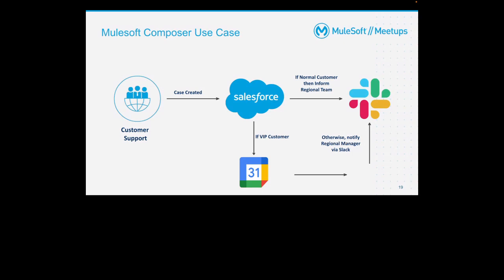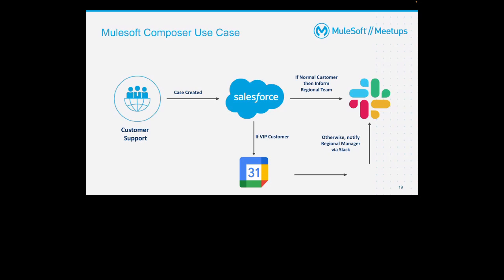So if the account is from the north region and a case is created, then the north service team would be informed about this case, and then a valid representative from that service team can reach out to the customer, right?